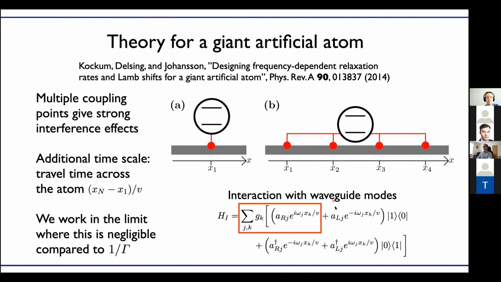So we can write down the Hamiltonian for the interaction between the two-level atom in this case and all the modes j in the waveguide coupled at all the points xk. And we see that we get this phase factor here due to the positions of the coupling points, and then v is the velocity in the transmission line.